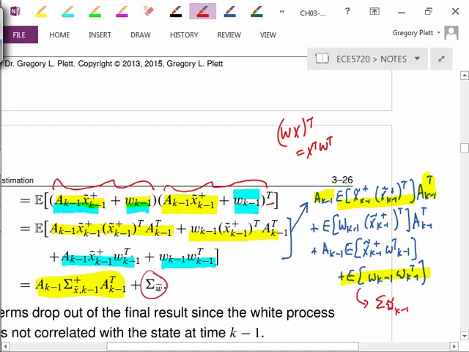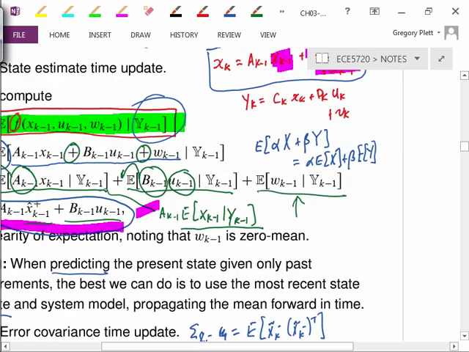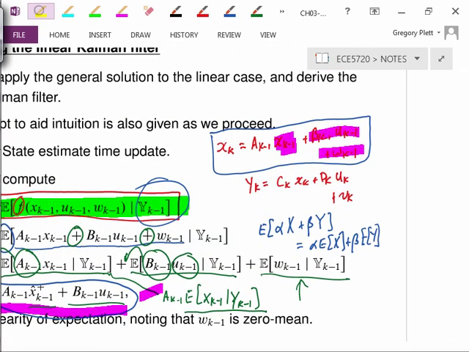And then one of the assumptions that we made when deriving the Kalman filter was that the present noise and the present state are uncorrelated with each other, because if we go back up to the state equation, we find that the present state depends on the prior noise, not the present noise.